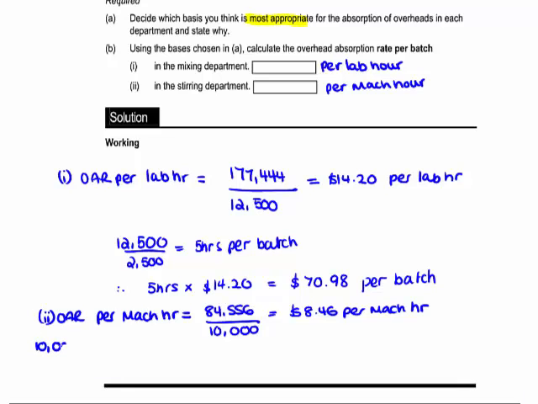We've got 10,000 hours and 2,500 batches. So we're looking at overheads of $33.82 per batch for the stirring department. So that's total overheads then of $104.80 per batch of Mars bars.